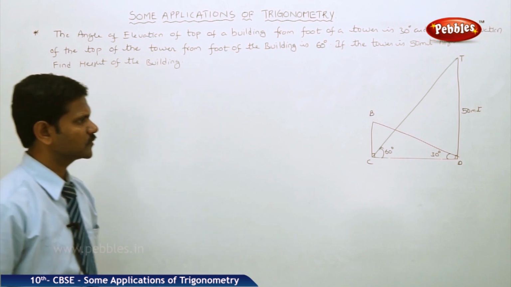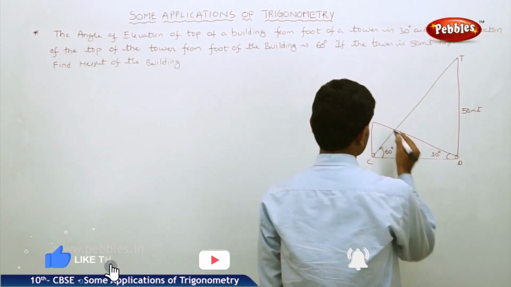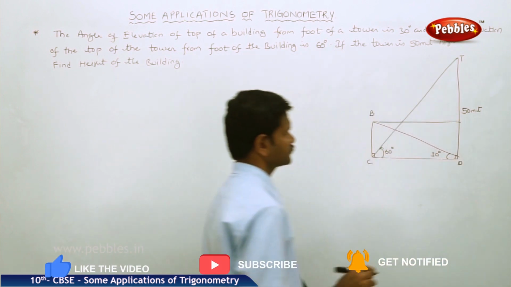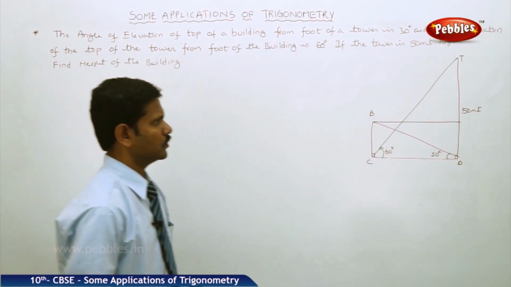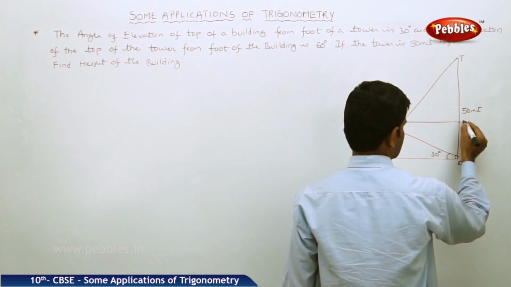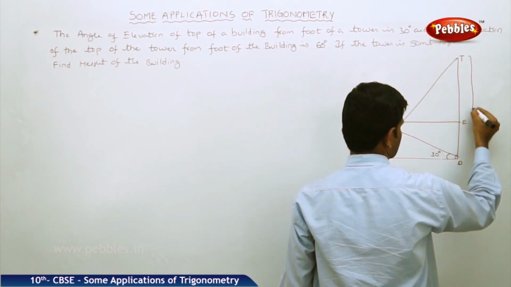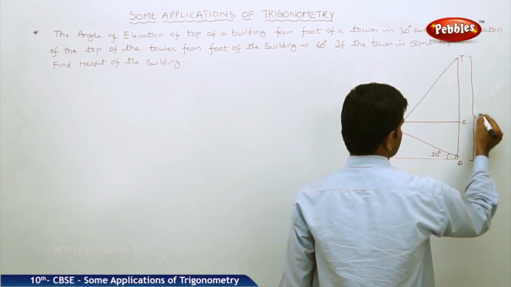Okay, now let us draw a line parallel like this. Now A, B, C, D, and this is E. Now the height of the tower is 50 meters.